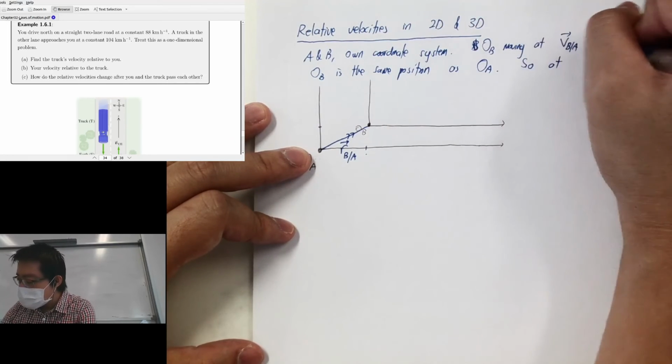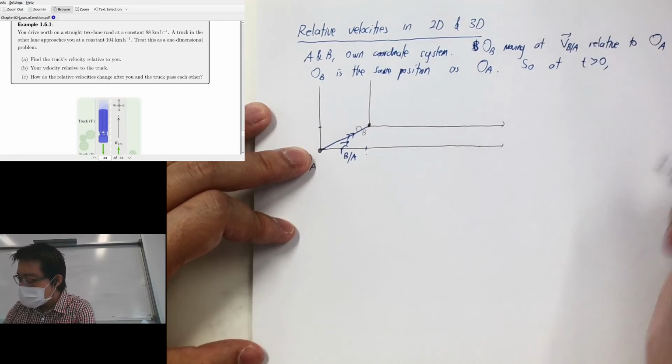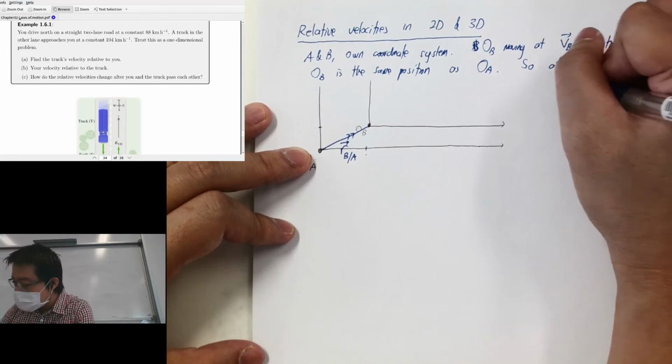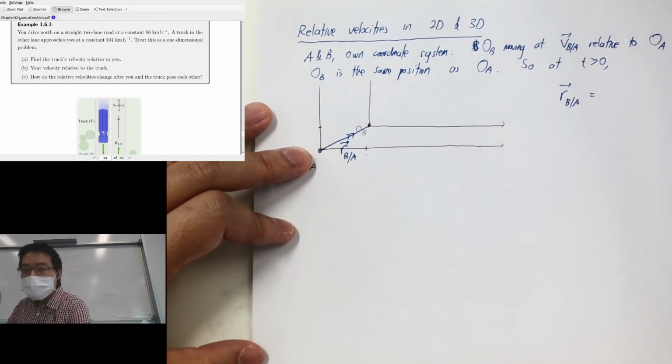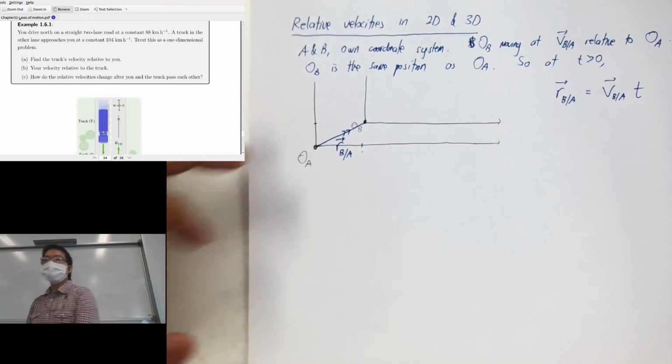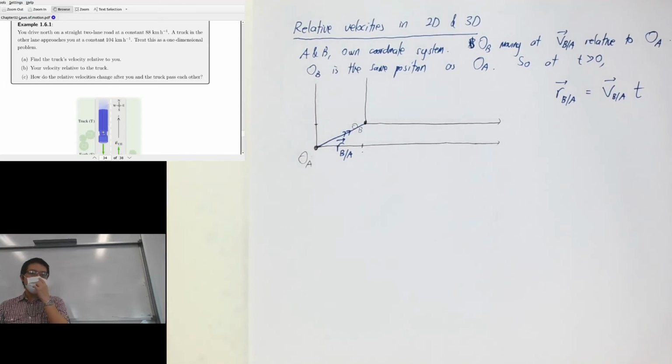At any future time, the position of the origin of B as observed by A is, at constant speed, inertial frames, V_BA times t. Constant speed kinematic equation.